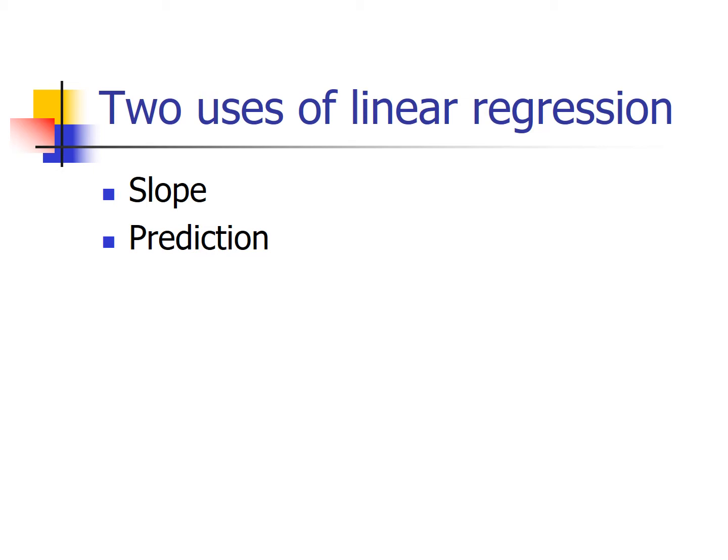If you're a tire manufacturer, and you can look at the relationship between mileage and tread depth, you could generate a prediction for what is the mileage associated with a particular tread depth that has become like a dangerous threshold. You could predict what mileage that danger threshold will be reached, and you could encourage people to replace their tires once they reach that threshold. So these are two primary uses. We talked more about slope and how to do a significance test of slope. What we're going to do now is talk a little bit more deeply about prediction.